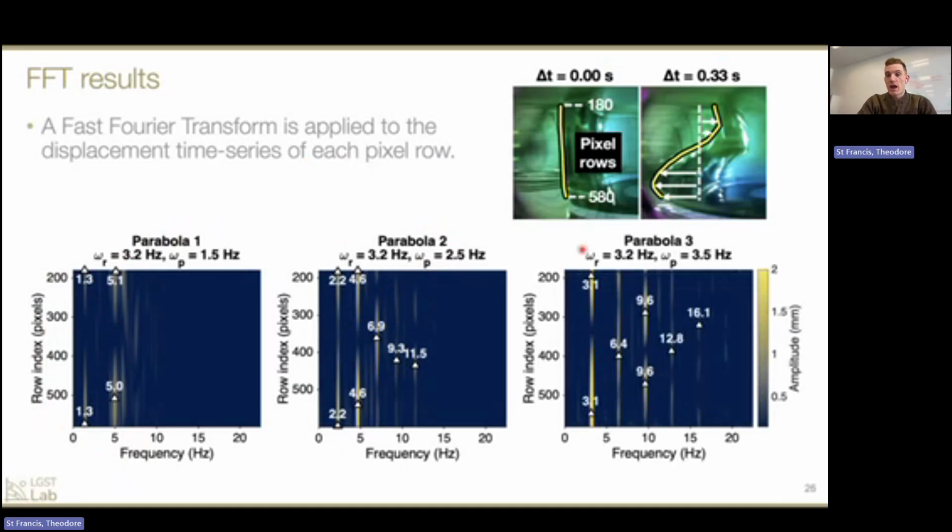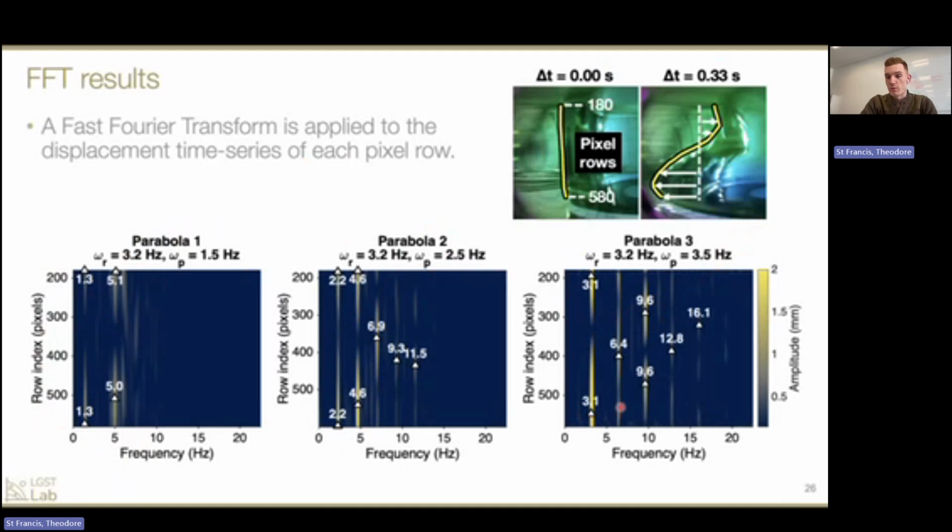And the same is true at the higher perturbation rate of 3.5 hertz in the next parabola. Again, an antisymmetric mode with a single nodal crossing here at 3.1, relatively close to what appears to be a fundamental frequency of 3.2, which is close to 3.5.